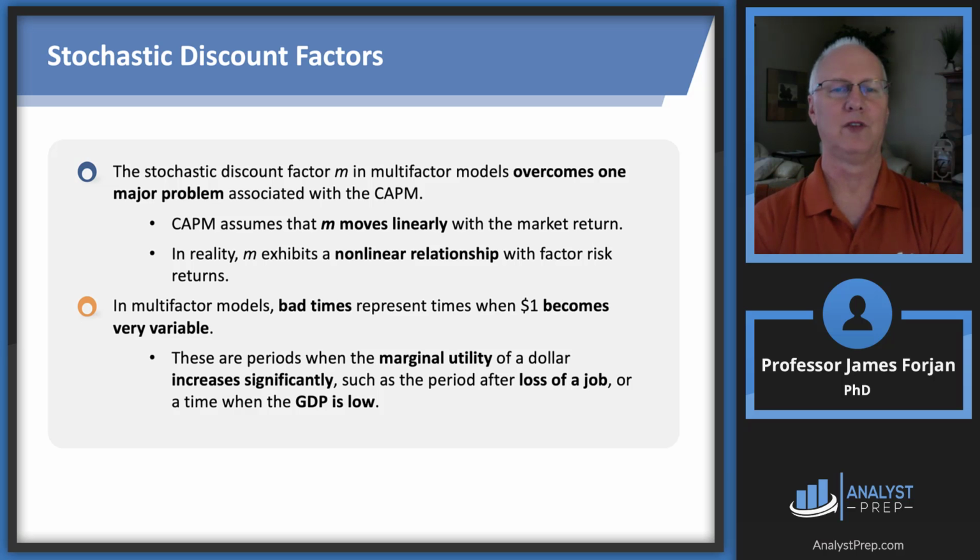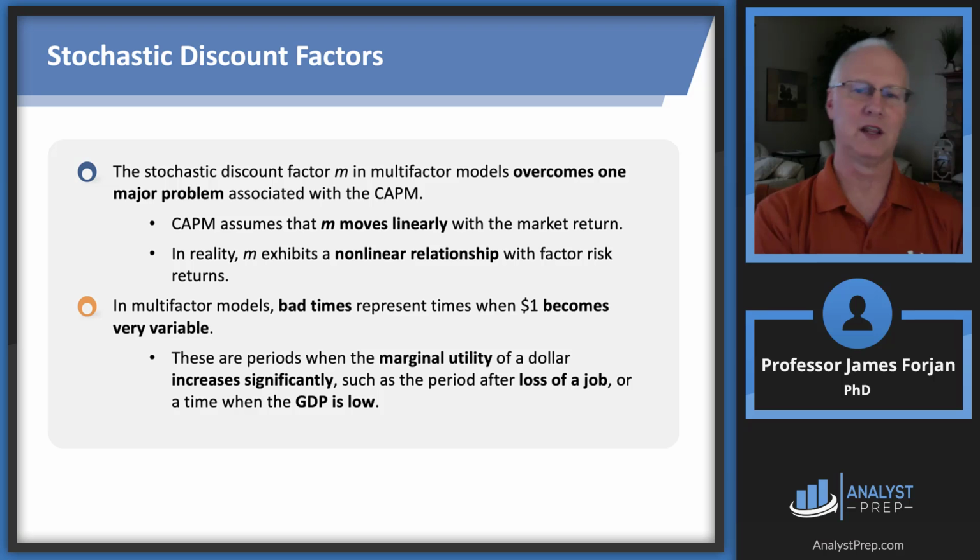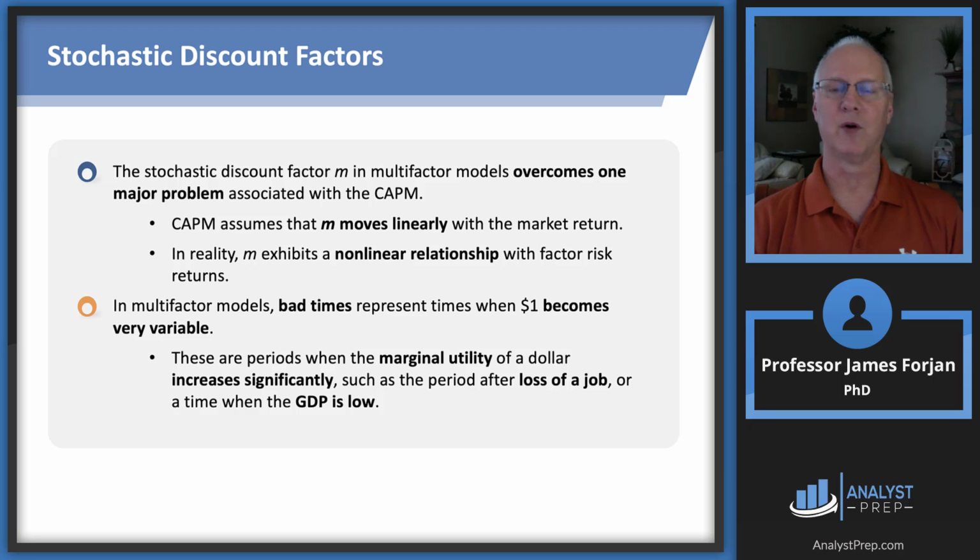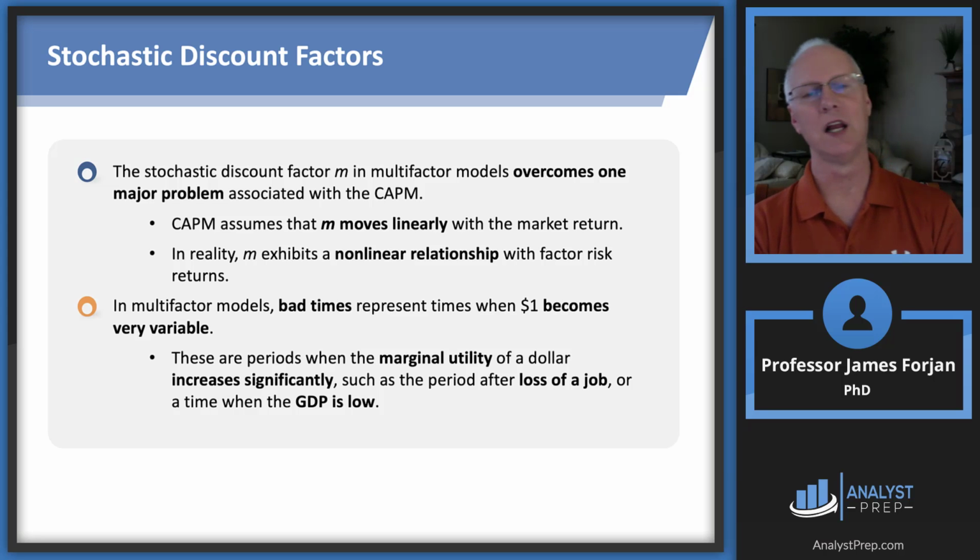Oh boy, so notice the stochastic discount factor M in the multi-factor models overcomes one major problem associated with CAPM. All right, so this is important, and I said this in one of those previous slides. If you believe in the capital asset pricing model, you're going to buy the market portfolio and then move in a linear fashion, either up and above or below and to the left from the market portfolio. But that is a line. Remember, that's called the capital market line.